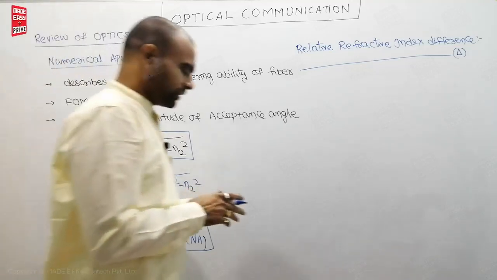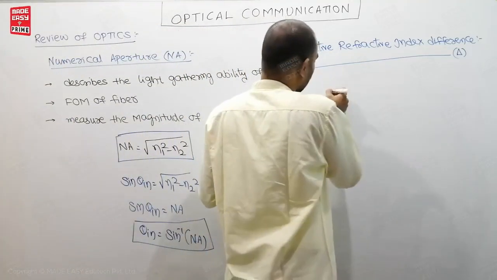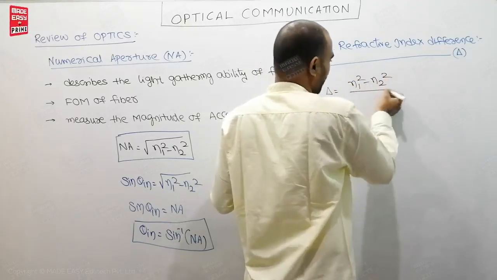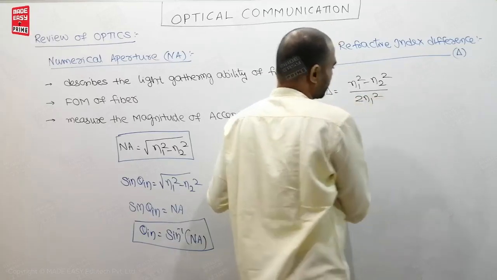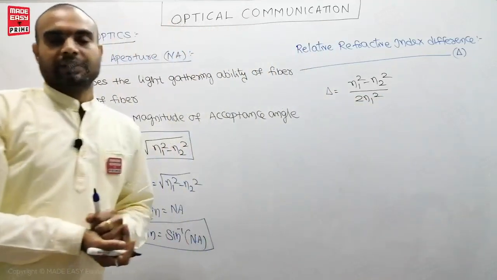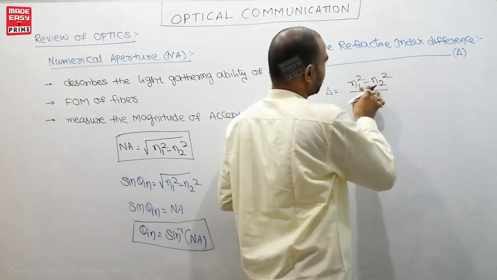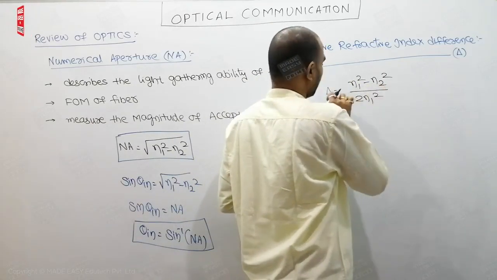So delta is going to be given as n1 square minus n2 square divided by 2n1 square we are having.